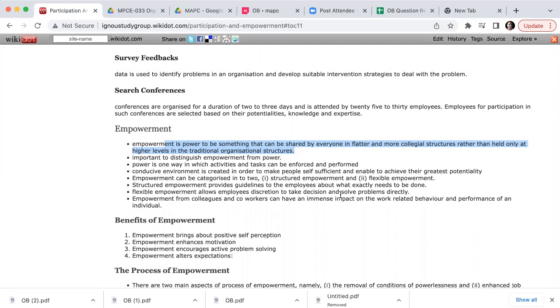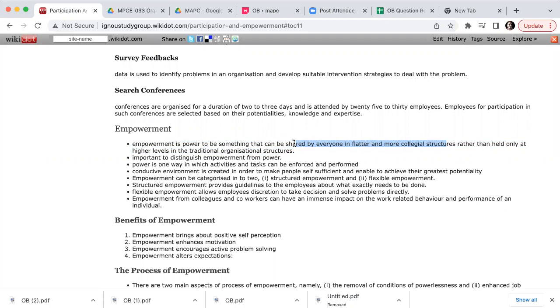They have the required thing to drive things, right? So basically power can be shared by everyone in flatter and more collegial structures. This is like a flatter structure where the employee feels, I'm a boss, meaning you're not in a hierarchical world.